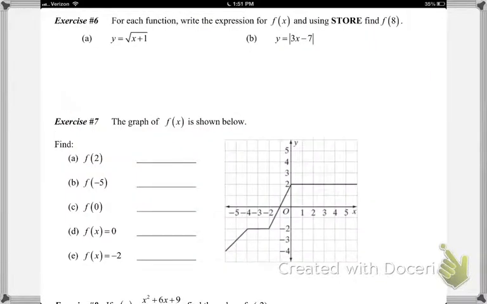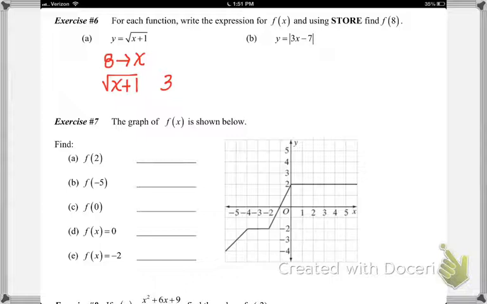Okay, so for each function, write the expression for f of x using store. Find f of 8. So we're going to press 8, store x, and we're going to enter the square root of x plus 1, and then you read the answer, which is going to be 3, because 8 plus 1 is 9.